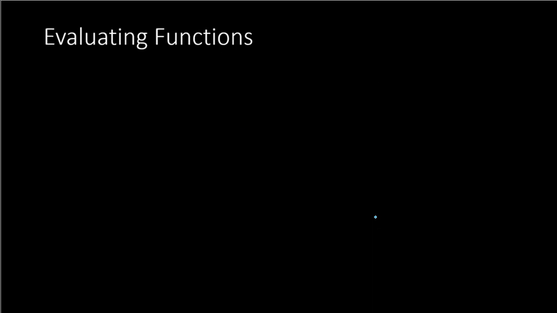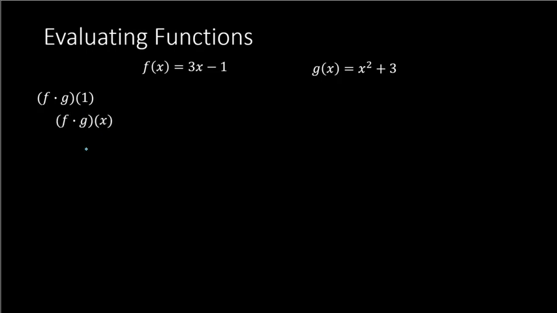Now let's talk about multiplication. Here we have the same two functions, and we're trying to find f times g of 1. So we could write this as f times g of x, and then figure out what you get when you multiply those functions together. And this is actually probably the longer way, but we'll show you this way and then the other shorter way. What we can do is write this as f of x times g of x.